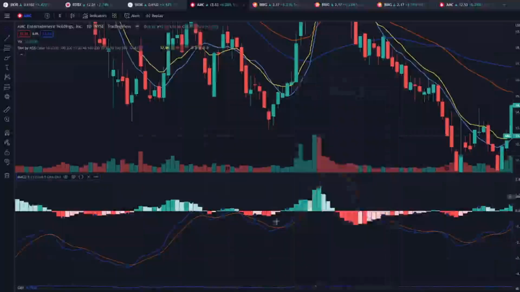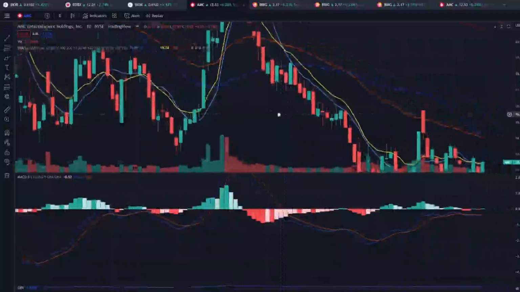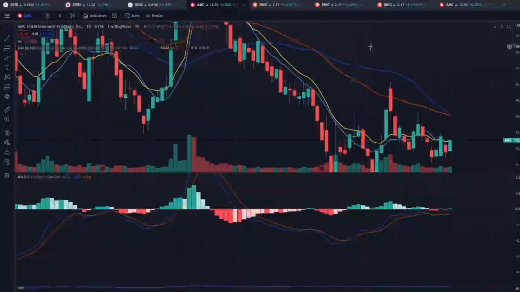So the signal line is an exponential moving average of the MACD line itself. When the MACD itself crosses over its average value, that means the MACD itself is showing strength in relation to its past values. When it falls underneath it, it's showing weakness in relation to itself. Let's see how this is kind of parallel to the price action.